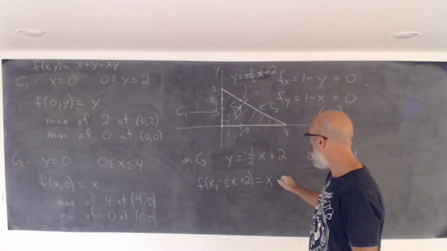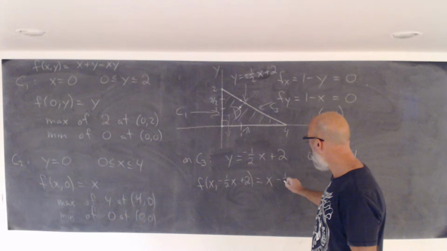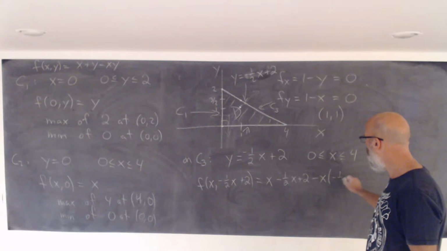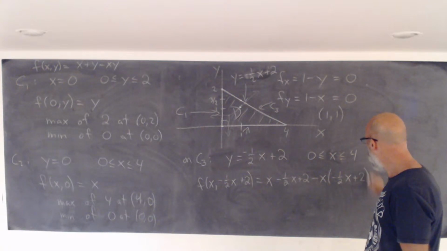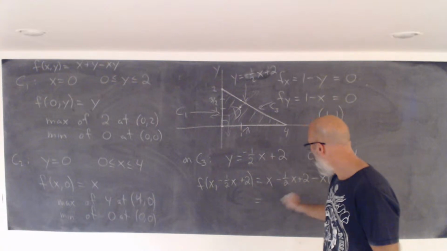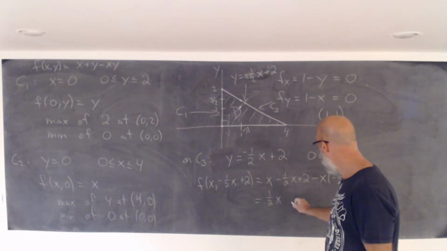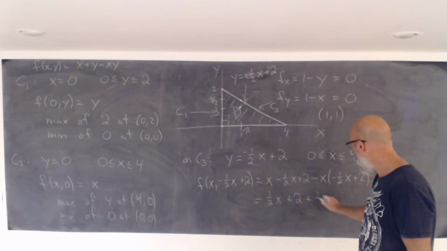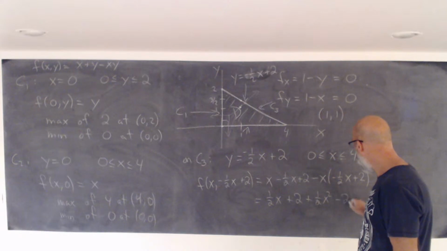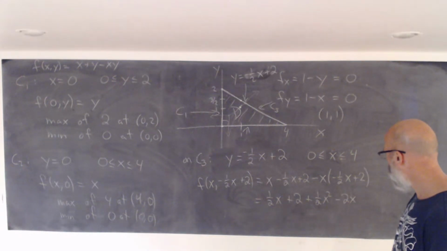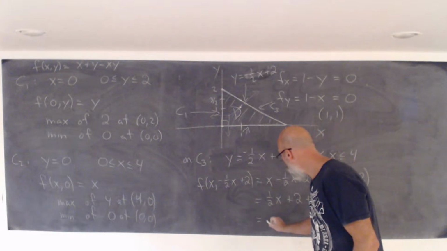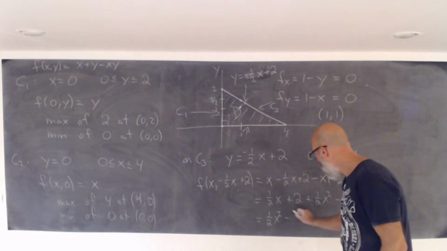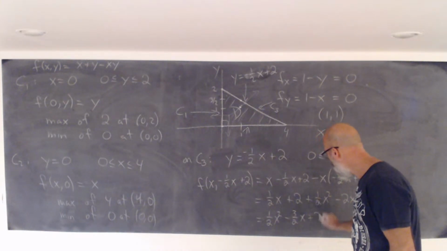this is x plus y minus xy, that is 1/2 x plus 2 plus 1/2 x squared minus 2x, so 1/2 x squared minus 3/2 x plus 2.